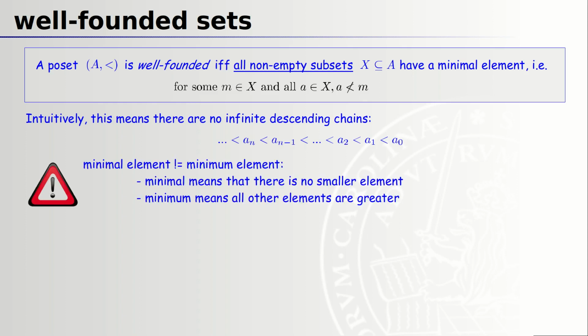In order to understand this definition properly, it is important not to confuse minimal and minimum elements. A minimal element of a set is one such that there are no elements of the set that are smaller than the minimal element. A minimum is an element that is smaller than all the others in the set.